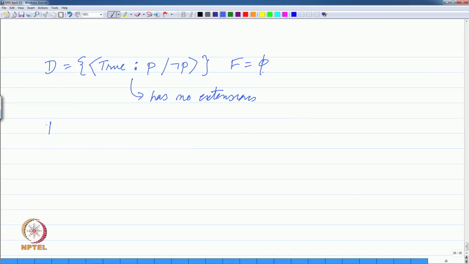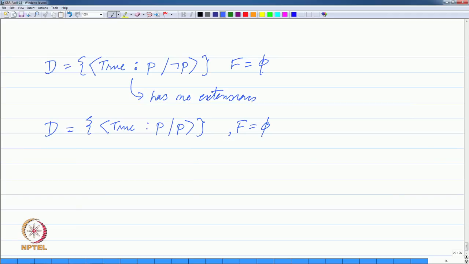So, this is not too much of a problem, but consider another default theory in which you believe the first order theory is empty again, but the default rule says that if it is consistent to believe in p, you can add p to the knowledge base essentially.